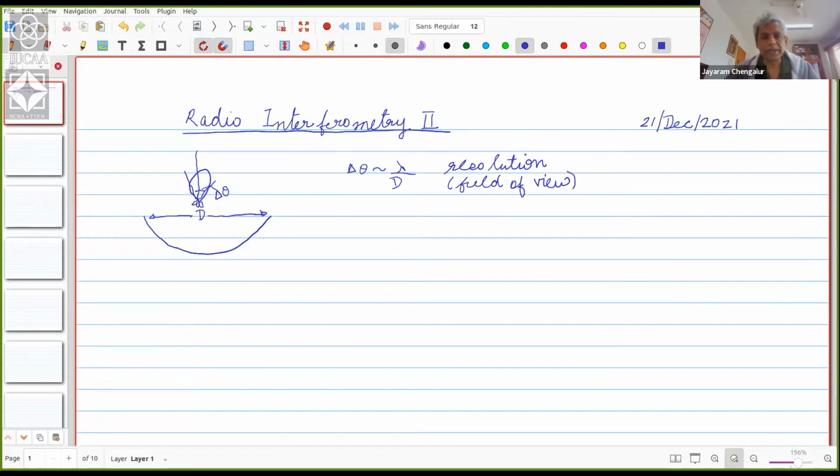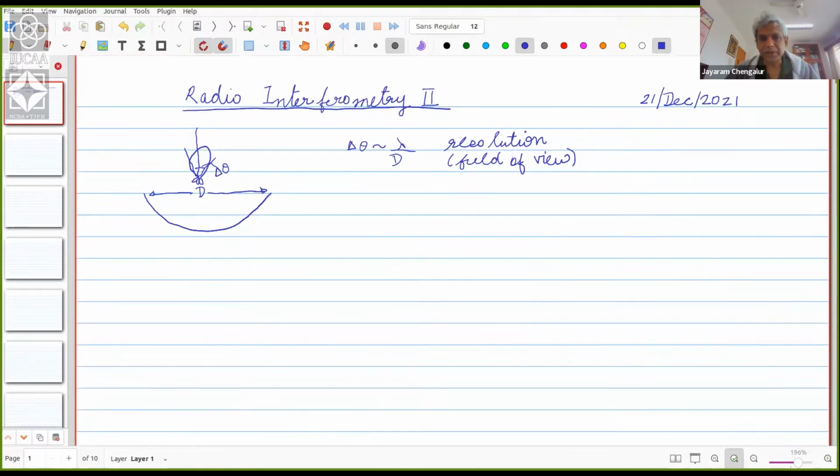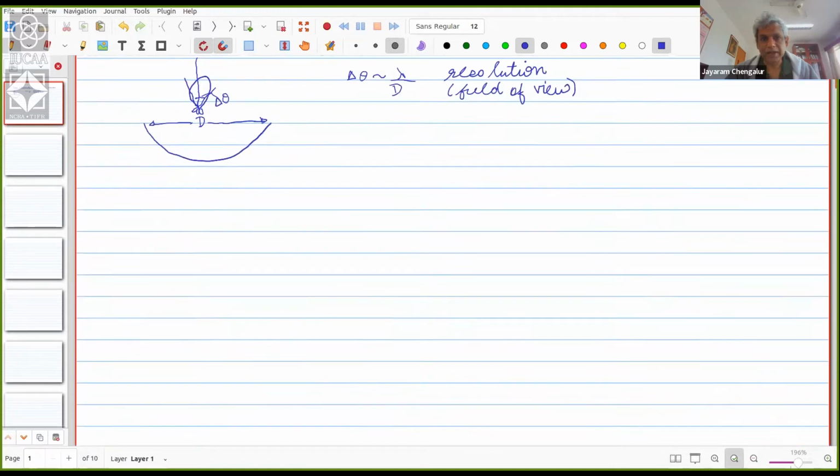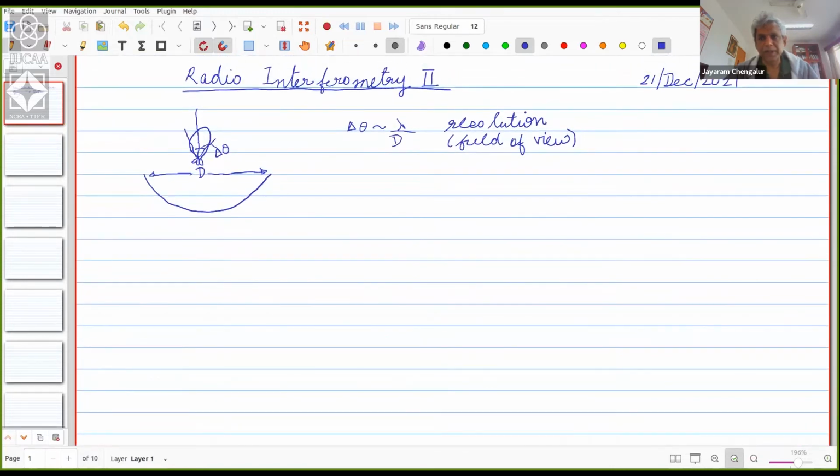We also worked out this delta theta for the largest radio dishes, at wavelengths of the order of 20 centimeters, and saw that it is typically a few arc minutes in size. That is a very coarse resolution, and we would like much higher angular resolution to do modern astronomy, which we saw was achieved through interferometry.